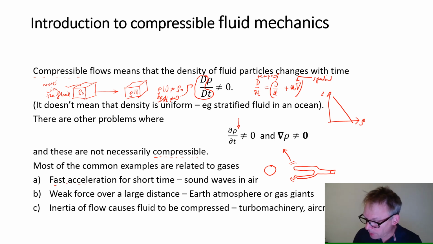The second case is if you have a weak body force but applied over a very large distance, and one example of that is gravity. If you apply gravity over the atmosphere, let's say over 10 kilometers, then you'll find that the density will tend to vary exponentially with height, rho of z, with an e-folding distance of about 7 kilometers.